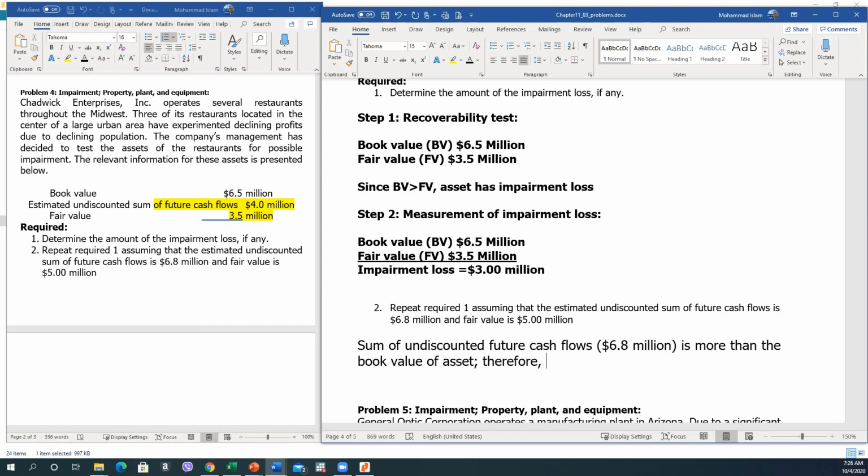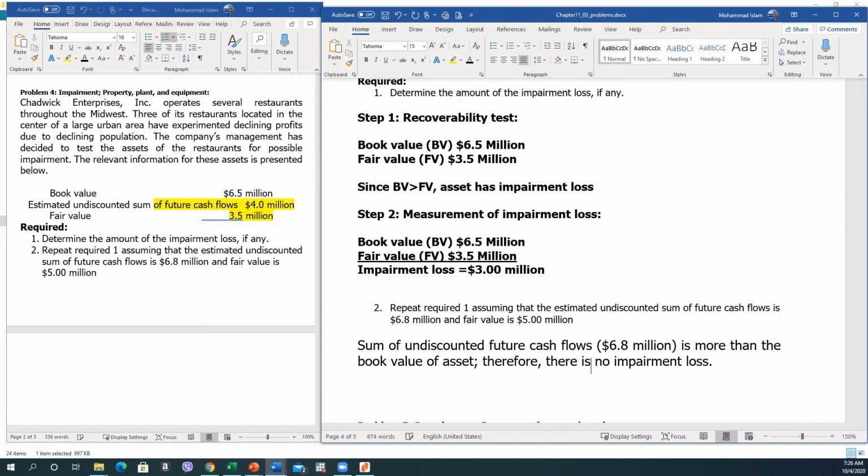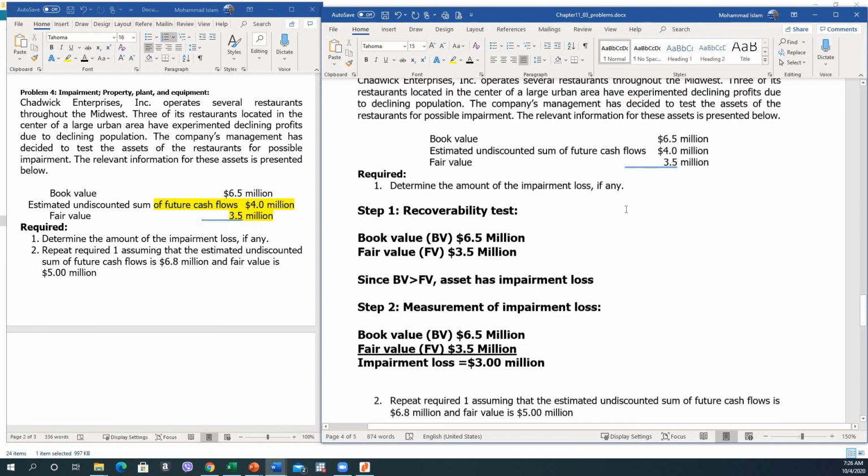Therefore, there is no impairment loss. This is the answer.